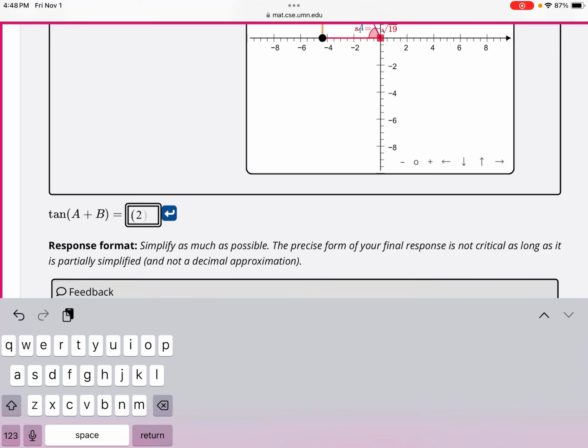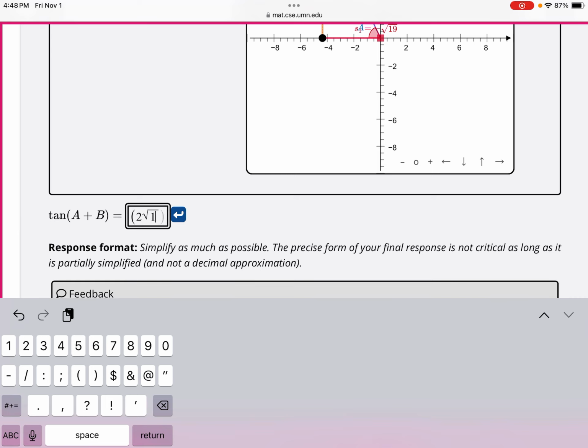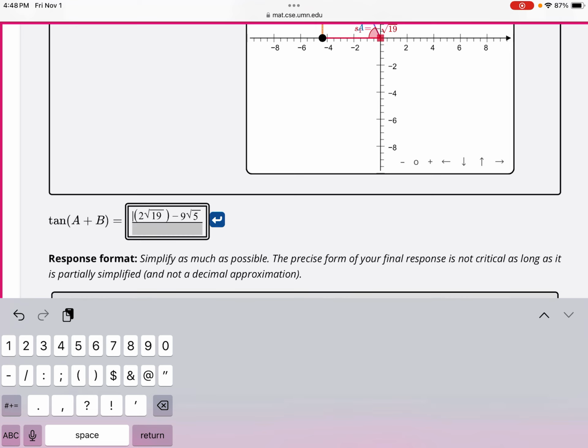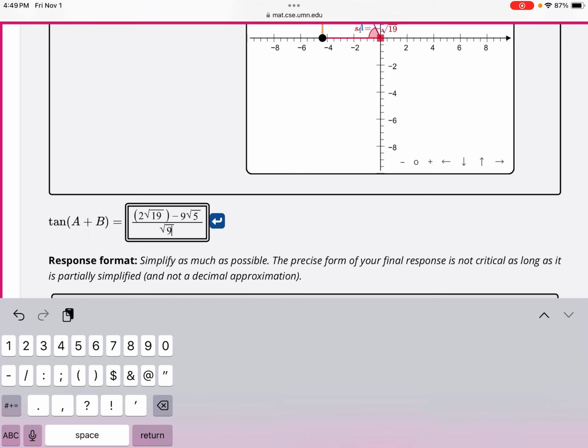Okay. 2 square root of 19, get my cursor out from there, subtract 9 square root of 5, get my cursor out from under there, divide that whole thing. How did I end up with another parentheses up in the numerator? But somehow I did. Square root of 95, and then I'm going to add 18.